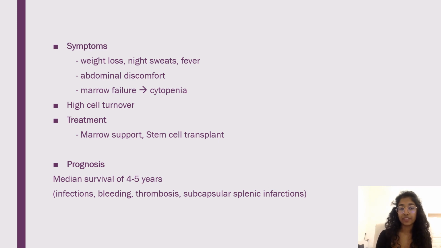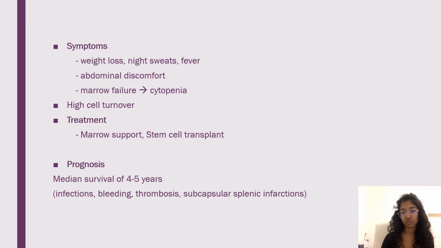And the bone marrow failure will therefore lead to a decrease in the cell population, so you'll have cytopenia, which will cause an increase in infections because of decreased granulocytes, as well as an increase in bleeding problems because of thrombocytes being less. You'll also have the presence of high cell turnover, which will therefore lead to the development of gout and hyperuricemia.